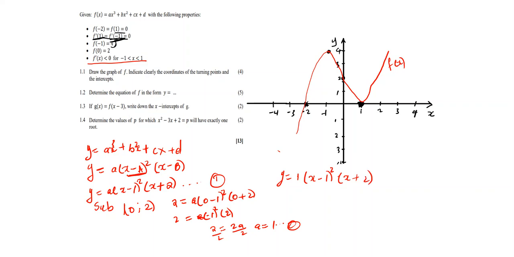You get to expand this. You will have y equal to, open bracket, this will be x squared minus 2x plus 1, multiplied by x plus 2. Quickly you try to simplify this thing, it will simplify to x cubed minus 3x plus 2. So this is the equation in the form y equal to.